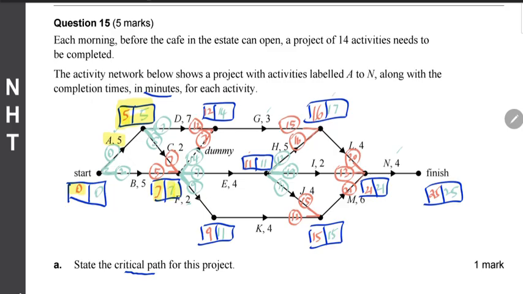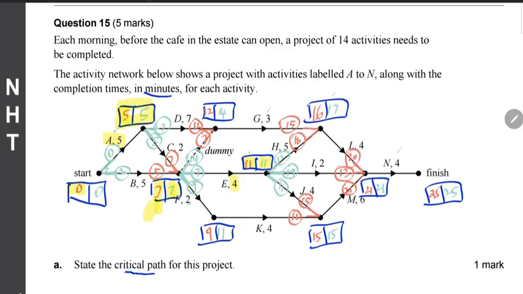That's good. Now if we go along F, we have 7 plus 2, which is 9, but the boxes are not the same. So let's go along E. So 7 plus 4. It's always the earliest starting time plus duration time, okay? 7 plus 4 is 11, and the boxes are the same.